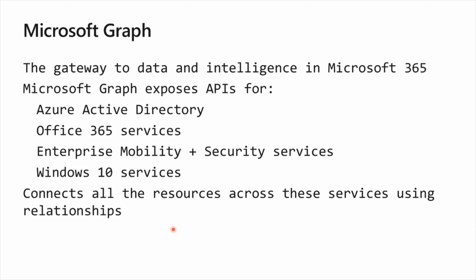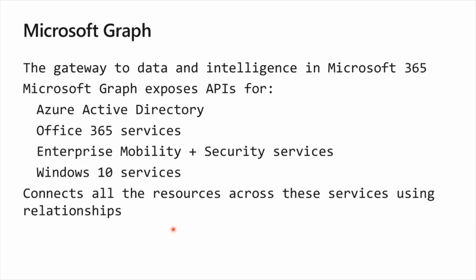So what is Microsoft Graph? Microsoft Graph is the gateway to data and intelligence in Microsoft 365. The Microsoft Graph API offers a single endpoint, https://graph.microsoft.com, to provide access to rich, people-centric data and insights exposed as resources of Microsoft 365 services.